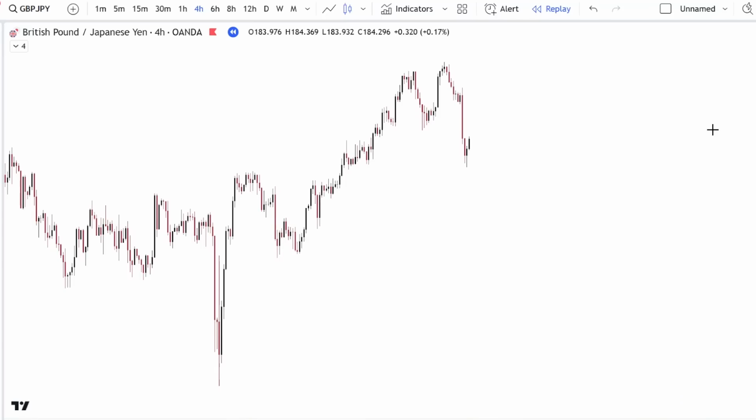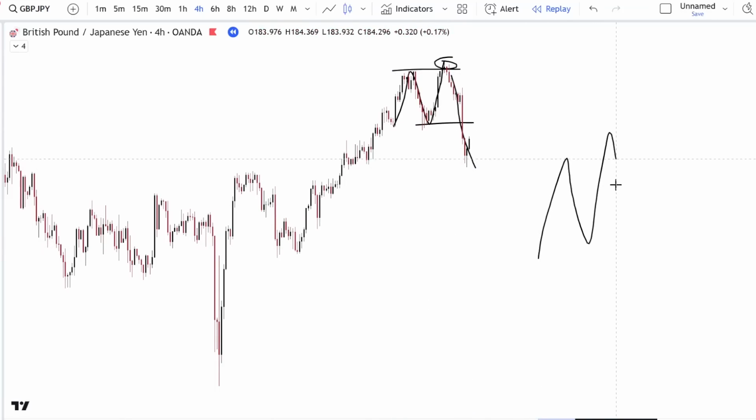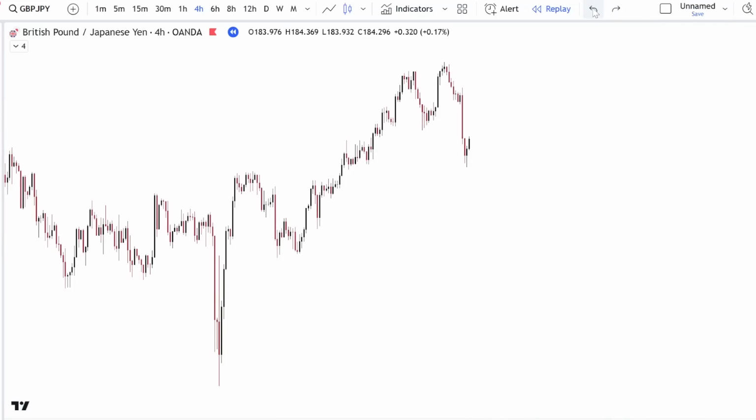So let's take a look at this example. So what do we have here? We have a swing to the high, so an external cleanup, and a breakup structure. So this is what we basically have. So let's mark that up.